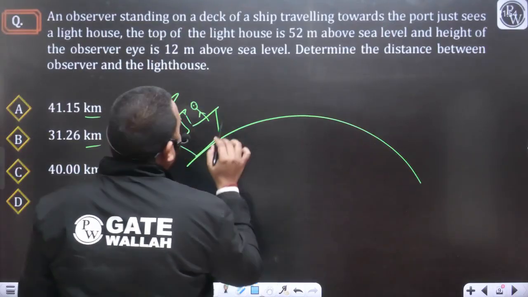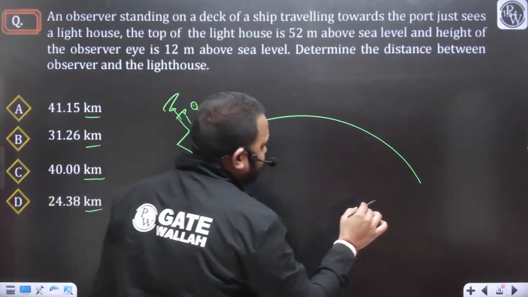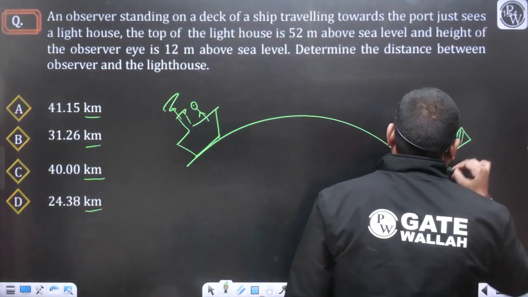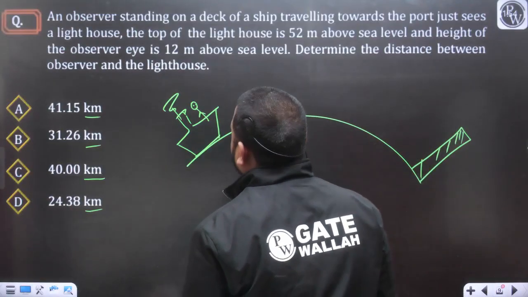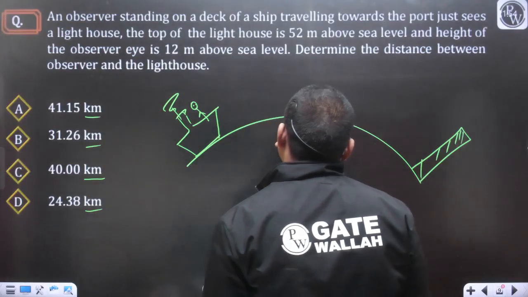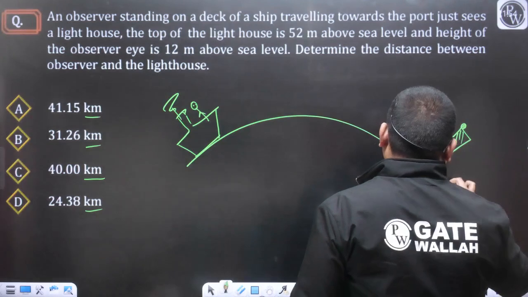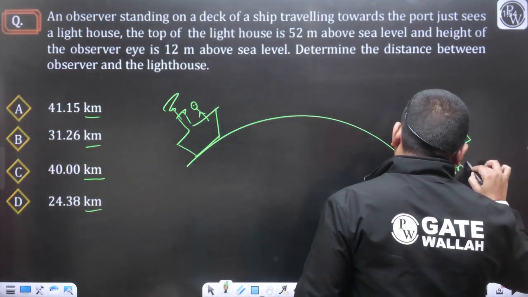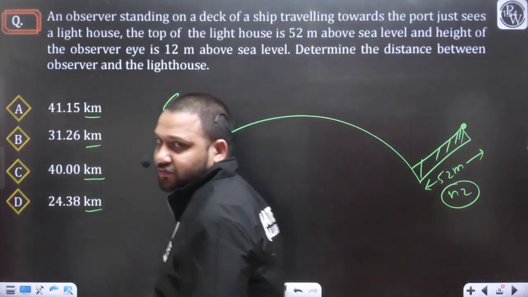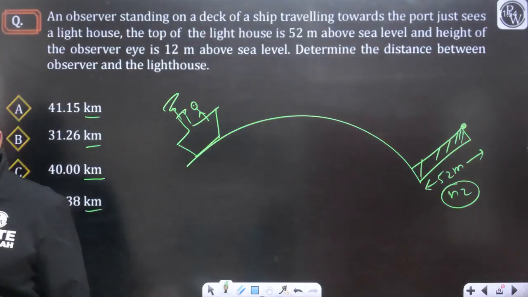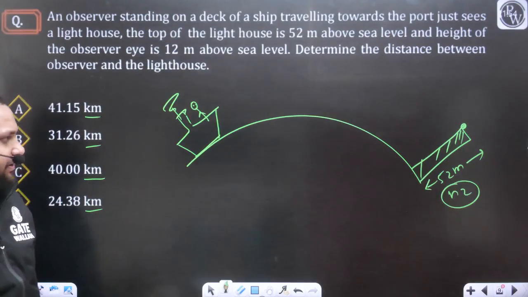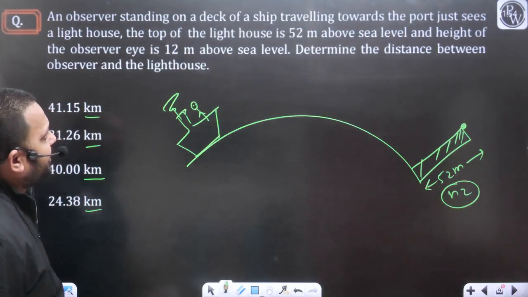Somewhere here there is a lighthouse. The top of the lighthouse is given as 52 meters, so we can consider this H2 as 52 meters above sea level, yes or no?